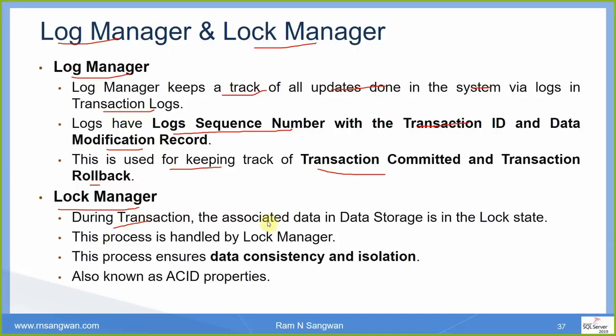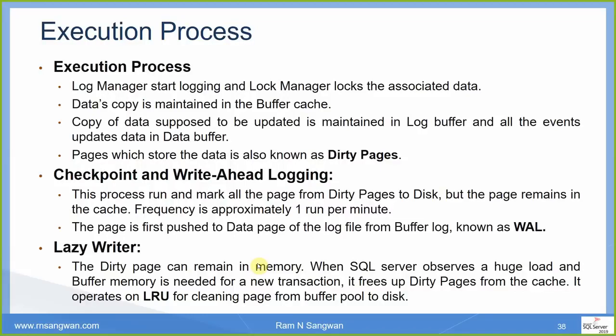During a transaction, the associated data in data storage is in the lock state. This process is handled by the lock manager. This process ensures data consistency and isolation, or ACID: atomicity, consistency, isolation, durability properties.